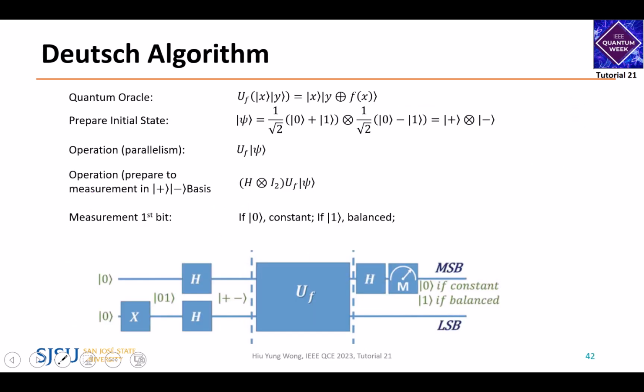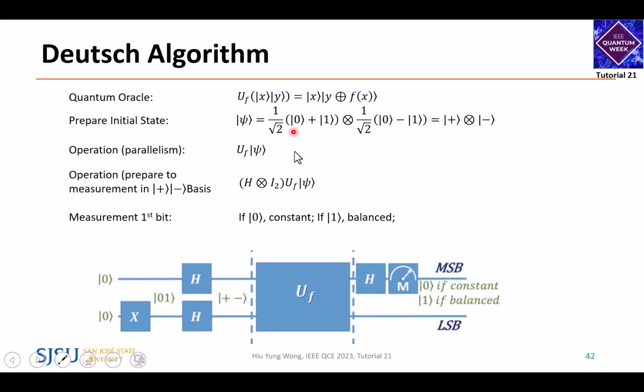Now with this, what is Deutsch's algorithm? What it does is that first we need to create a quantum oracle like we said earlier, right? In your oracle, you already have the f inside, the function that you are interested in. This is difficult to create. Then I prepare a superposition state. The superposition state, you find, is actually the plus and minus state.